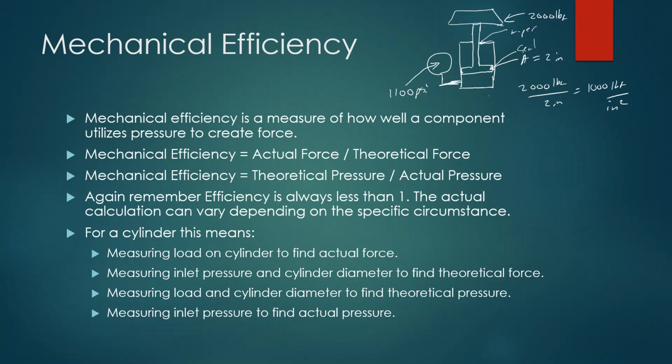Good seals create good volumetric efficiencies, but they also create friction, and friction decreases our mechanical efficiency. So again, we can use force or we can use pressure to find our mechanical efficiency, but either way, you're going to have a mechanical efficiency less than 1, okay? Main thing, if you don't know which is which, you'll eventually, over time, figure out which should be which, but the easiest way, you're never going to have an efficiency greater than 1.